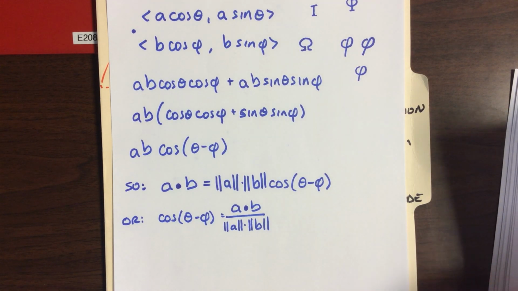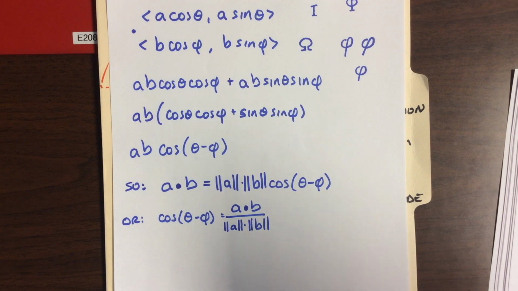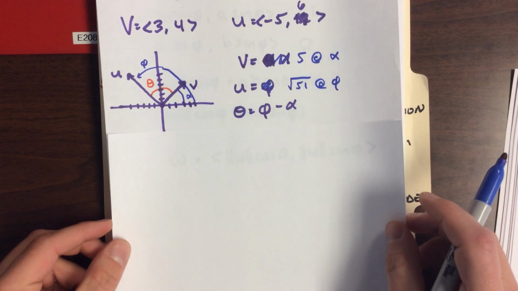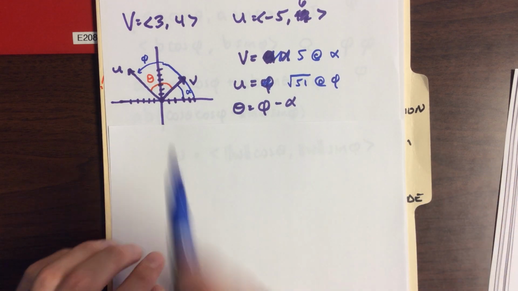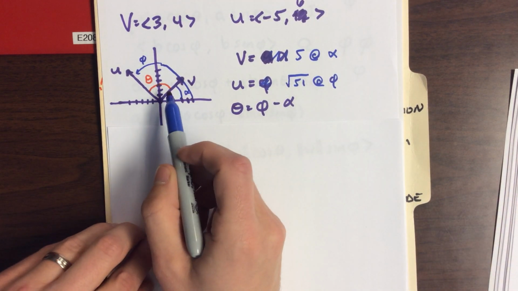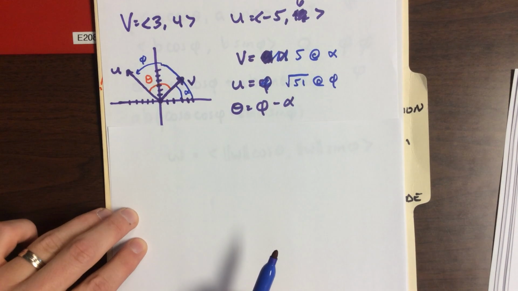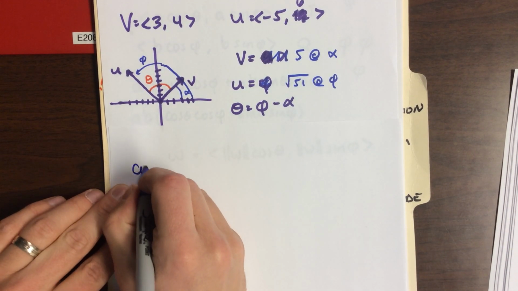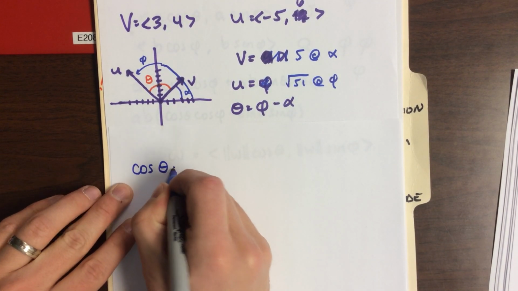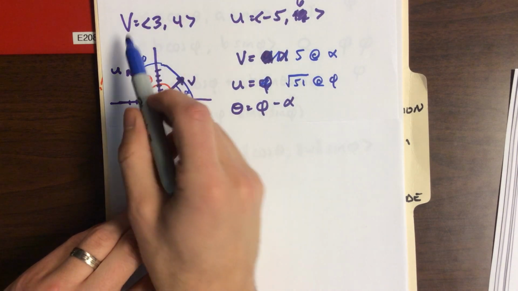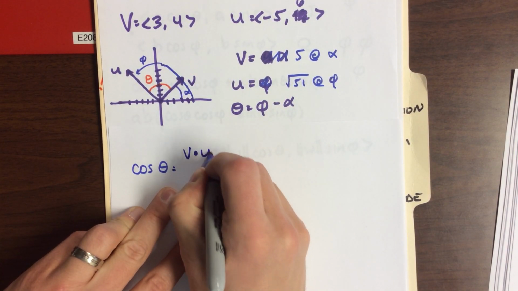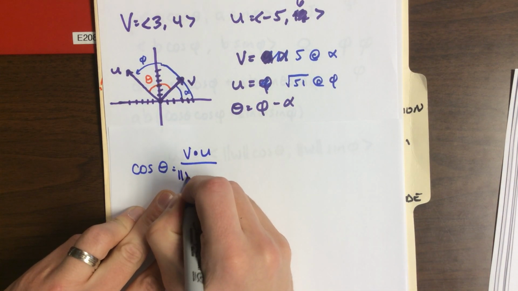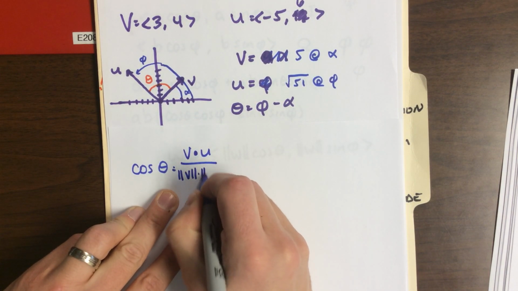So, going back to the original, we had two vectors. I wanted the angle between them. Cosine of that angle is going to be v dot u divided by the magnitude of v times the magnitude of u.